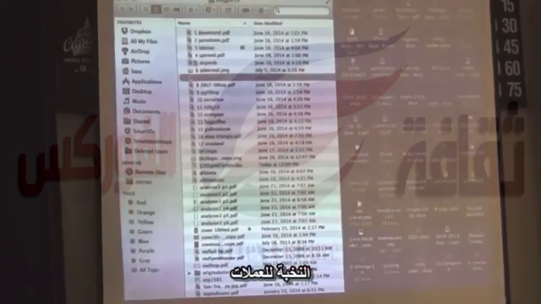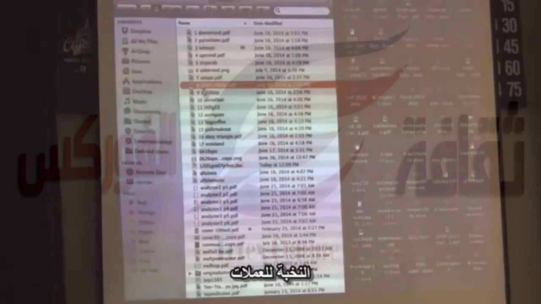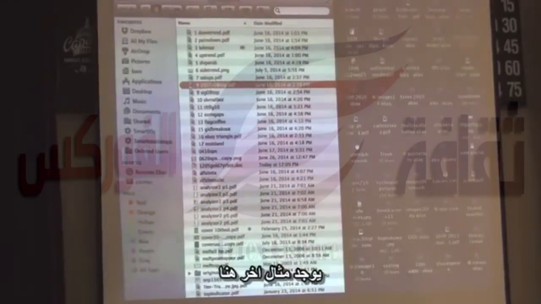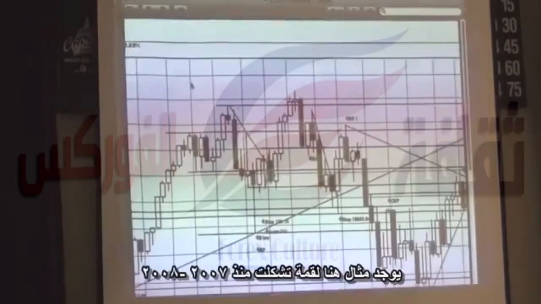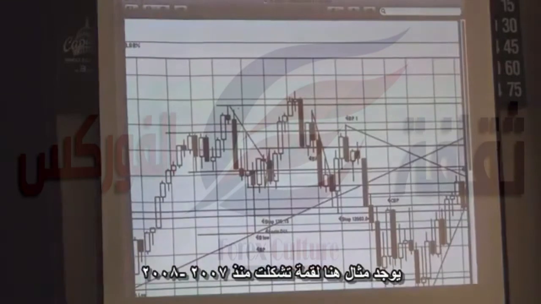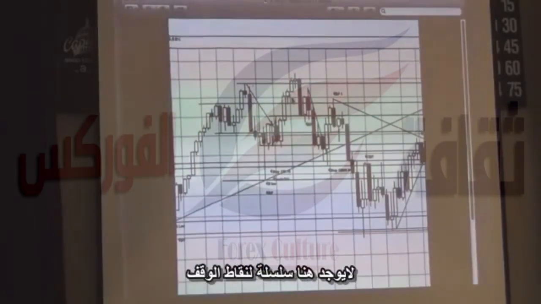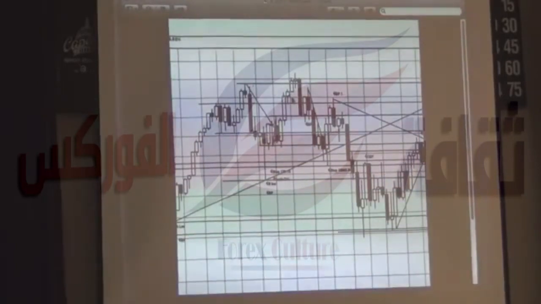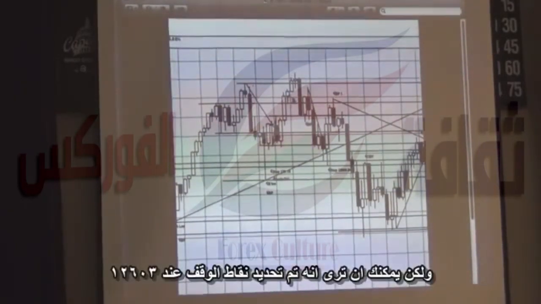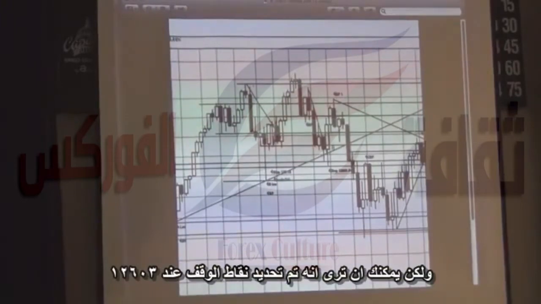So here's an example of the 2007-2008 top. I don't have the stair stops drawn on this, but you can see the stop.